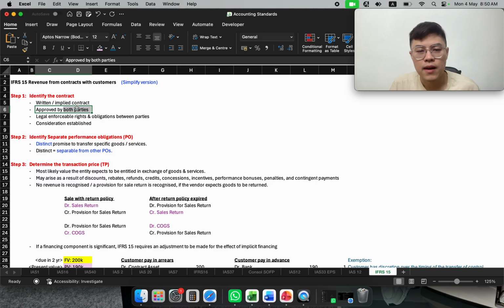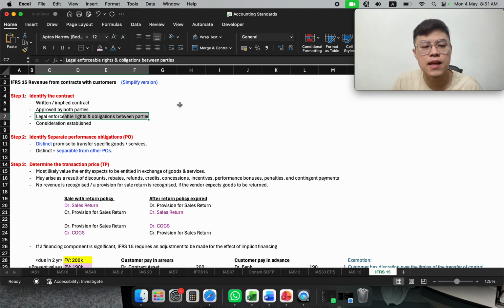For example, I tell the seller I want fried rice, or I buy a big project, such as a condominium, and the other party signs on it. Or when I get the fried rice, that is implied terms that the seller has completed the task for us. Both approve, and there are legally enforceable rights and obligations between the parties.